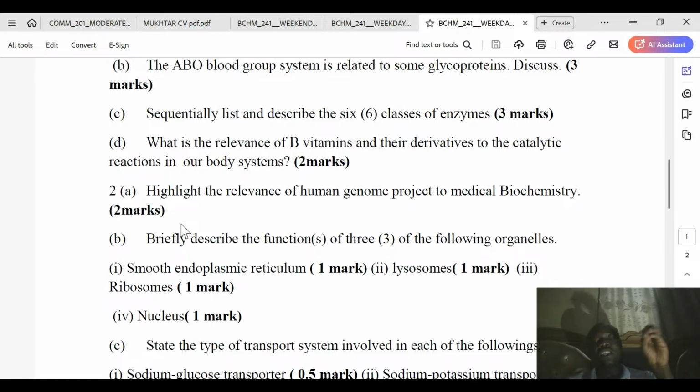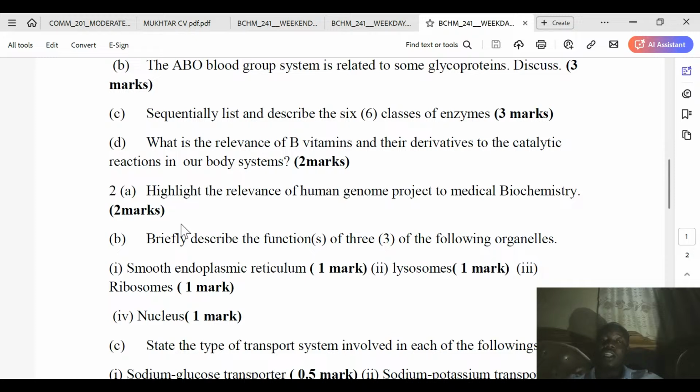In the absence of these vitamins, that is coenzymes, the enzymes become inactive. Ladies and gentlemen, do you understand this? The B vitamins are very essential and important for enzymes to work. So that is the answer to this.